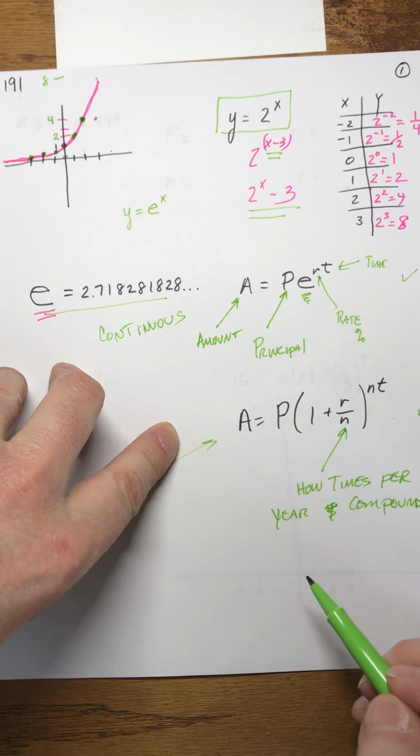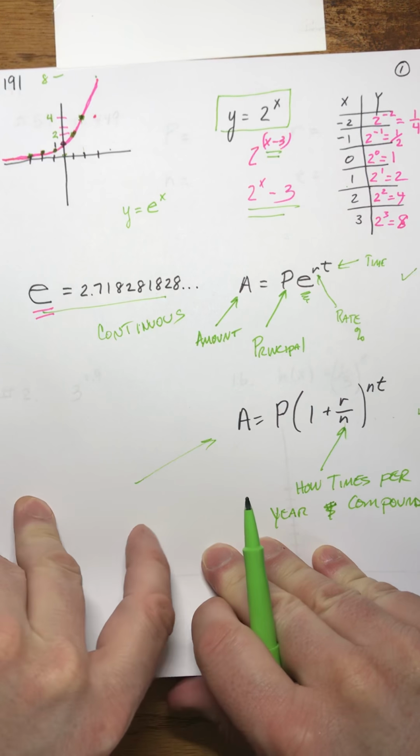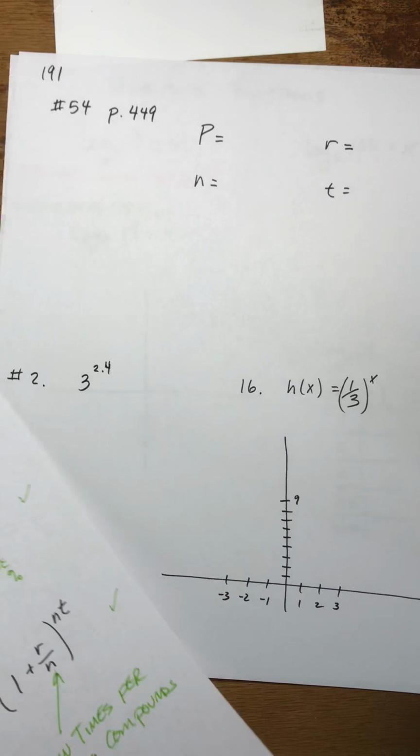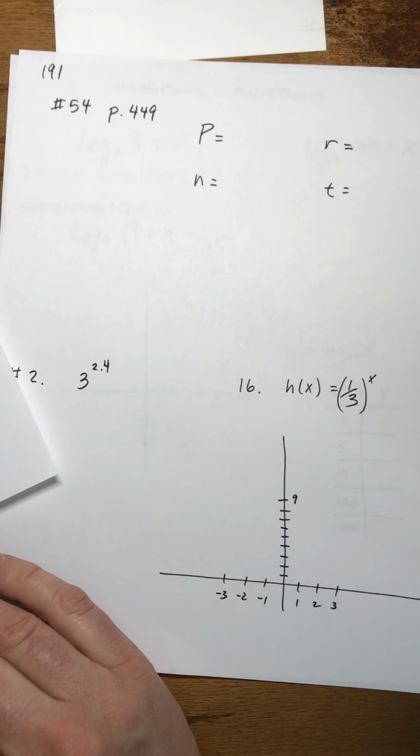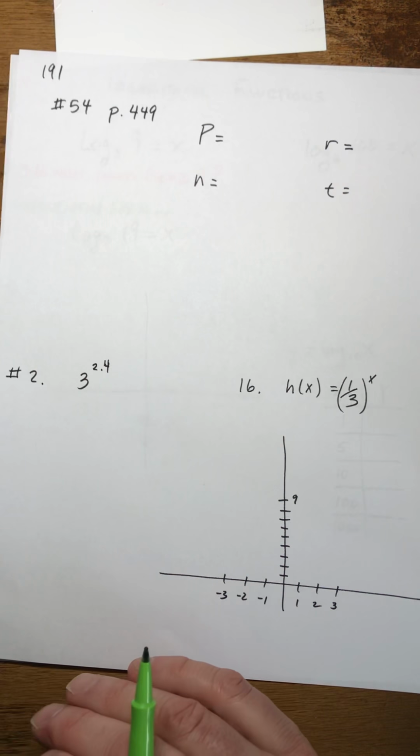And again, T is time. Let's take a look at a quick example of both of these. We're going to do, in the book, on page 449, number 54, and then I'll tell you which ones I want you to do.